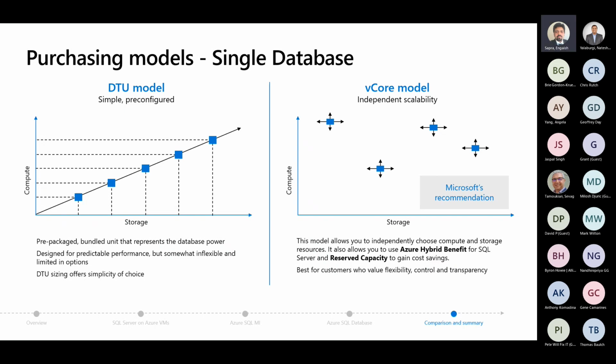And along with the DTU or the vCore model, the vCore model has another advantage where you can avail Azure Hybrid Benefit for SQL Server and also reserved capacity. Because the vCore model lets you define how much CPU and memory you need, you can always go with Azure reservations and the hybrid benefit.